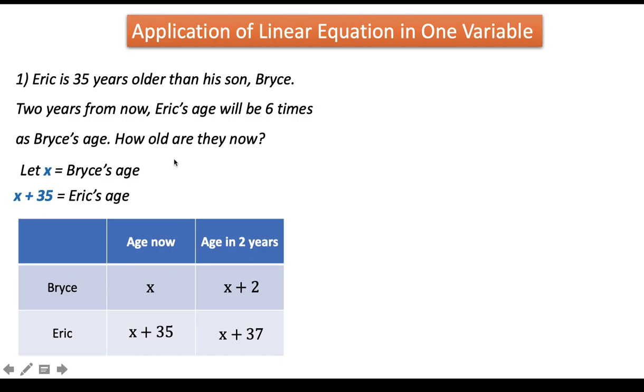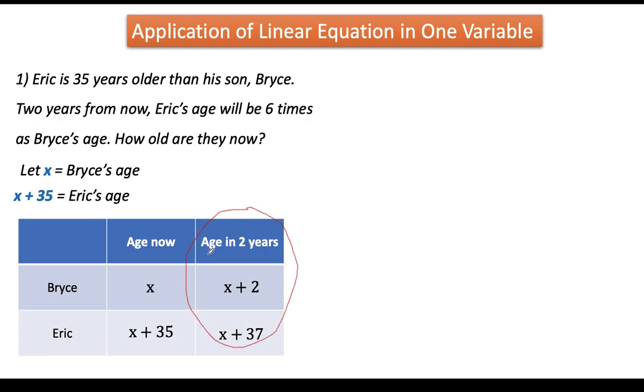So after writing our data using this table, we are now on the process of setting up our working equation. Using this second sentence, 2 years from now, it means we will only be focusing on this column right here.